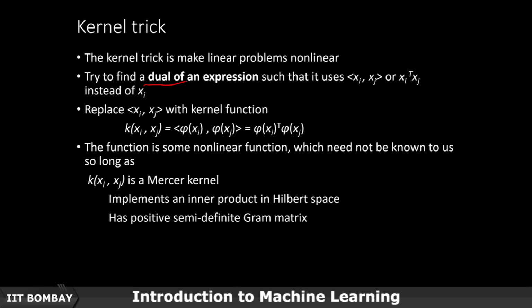In the dual form, there will be no single x_i or single x. It will all be in terms of dot products. You can think of it as x_i transpose x_j for some i and j, or x transpose x_i, or x transpose x_j, etc. But we will not have single terms of x.